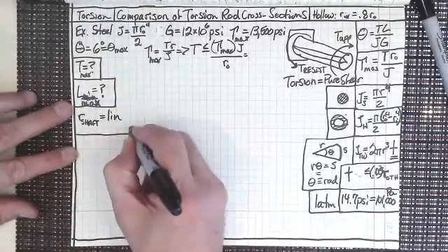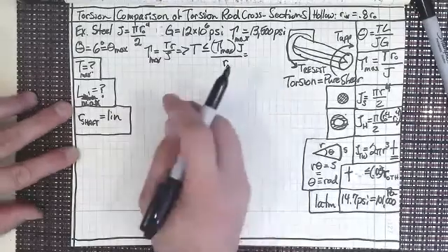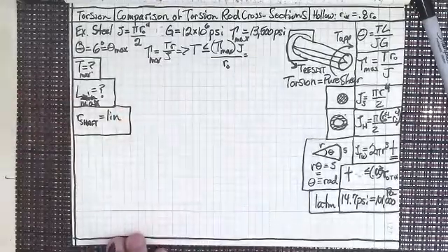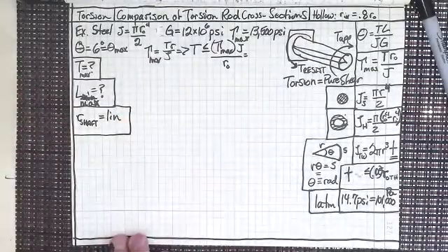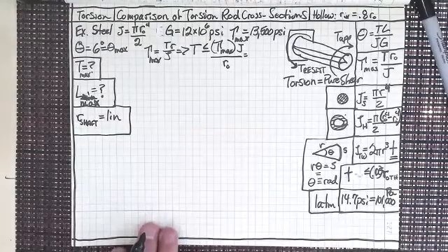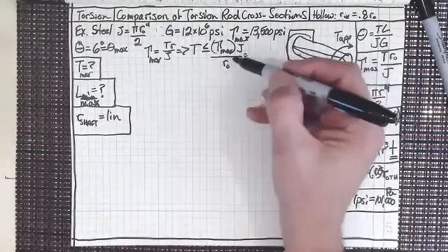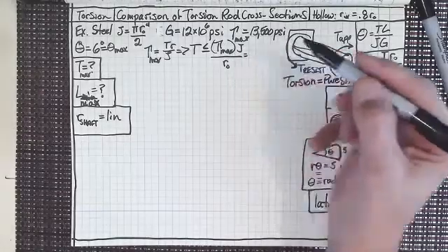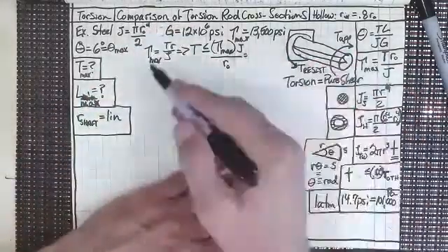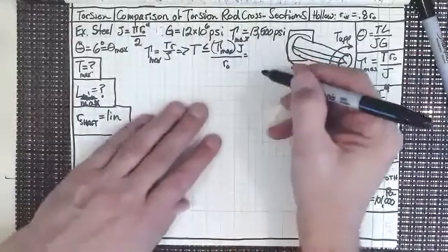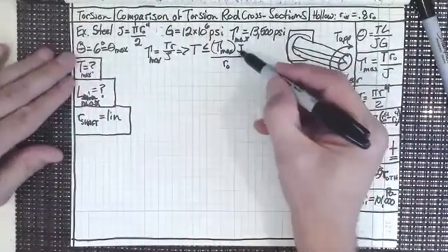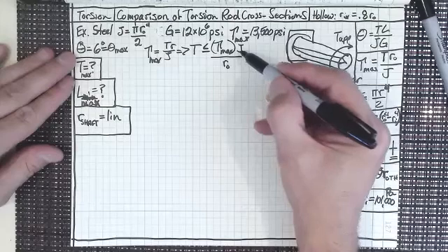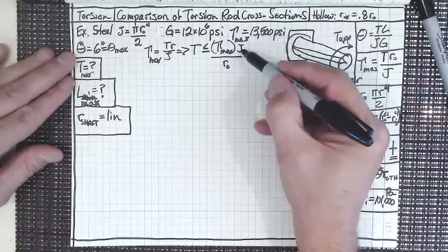Again, we're working in inches, pounds per square inch and so on, so that makes it relatively easy. If I were to solve this now, T is less than tau max times J over R outer. We know for this example what J is: J is pi r to the fourth over 2.